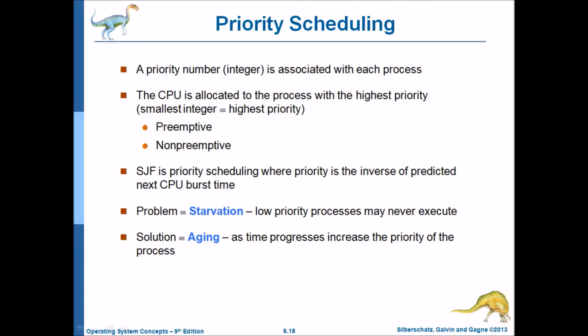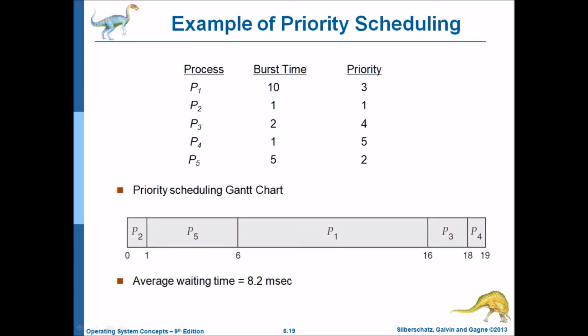One common solution to this problem is aging, in which priorities of jobs increase the longer they wait. Under this scheme, a low priority job will eventually get its priority raised high enough that it gets run. So let's have an example.